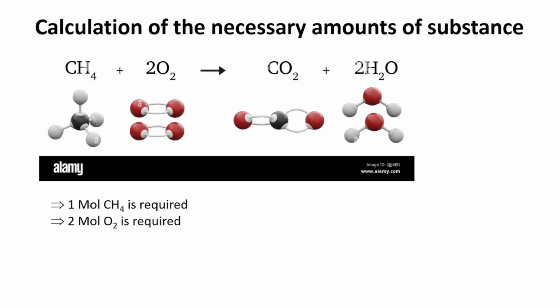First of all, we have to calculate the necessary amounts of substance. We have a reaction of methane with oxygen, and the product is CO2 and 2 times water. That means that we need 1 mole of methane and 2 moles of oxygen in order to have the substances in the right proportion.